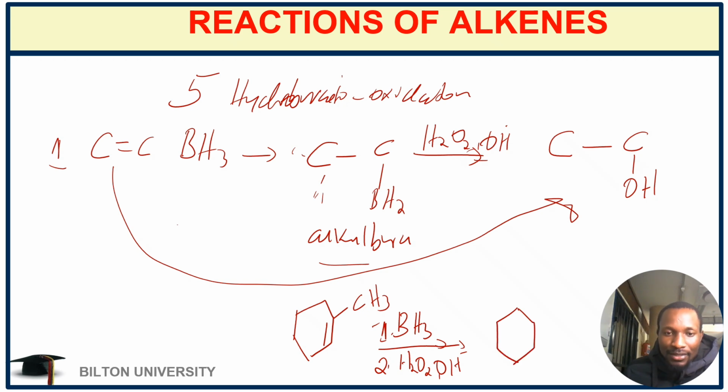We have said that it is anti-Markovnikov, so it means that this CH3 is still going to be there, and this OH is going to be formed here. So this is how hydroboration oxidation reactions take place.